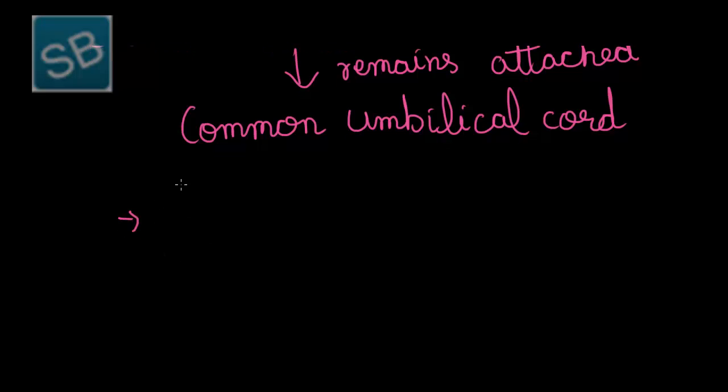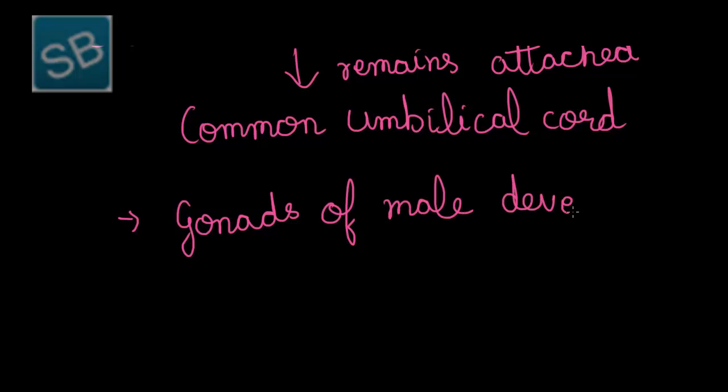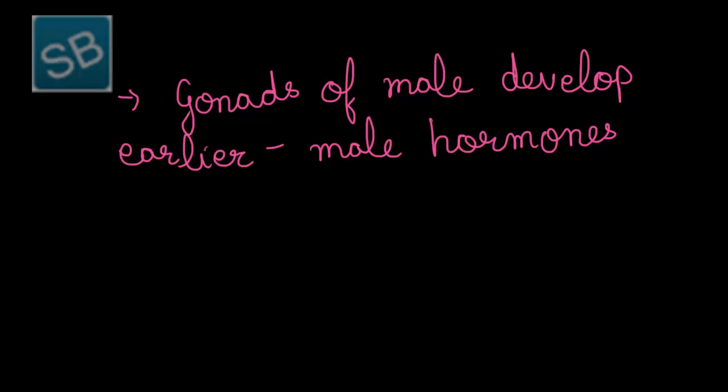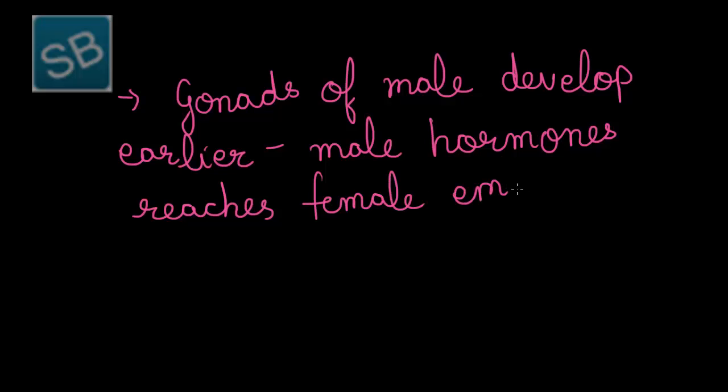That is, although the gonads of the male develop earlier than that of the female, still the male hormones reach the female embryo, and thereby in this manner it helps in influencing the development of male sex in the female embryo.